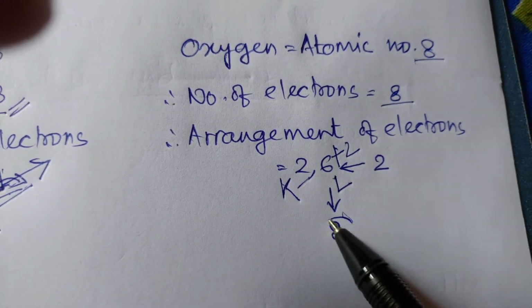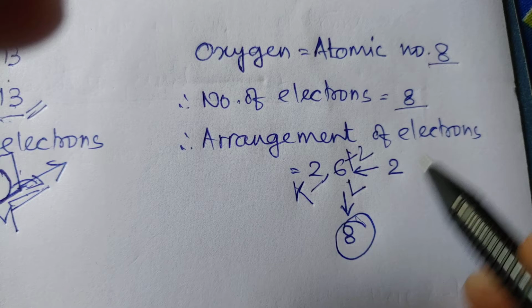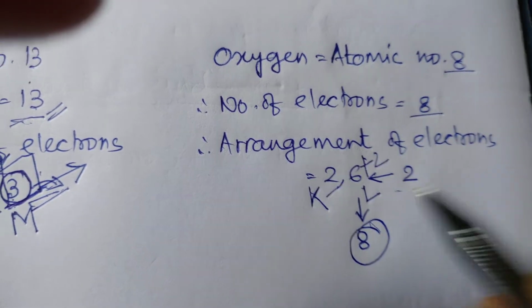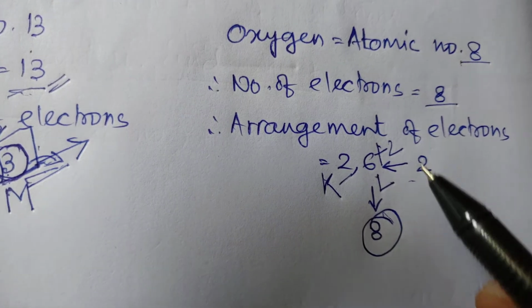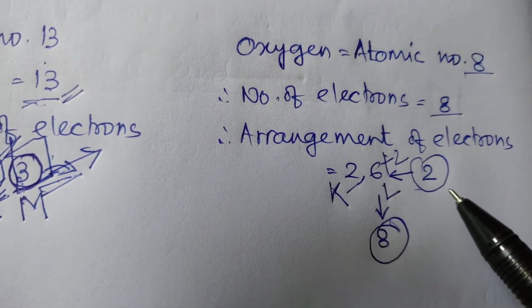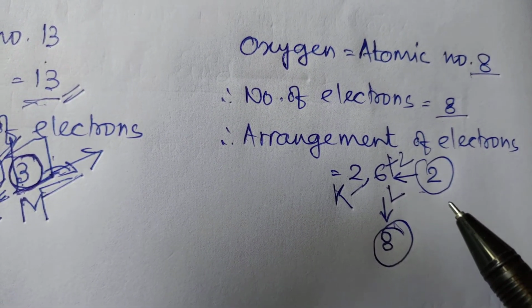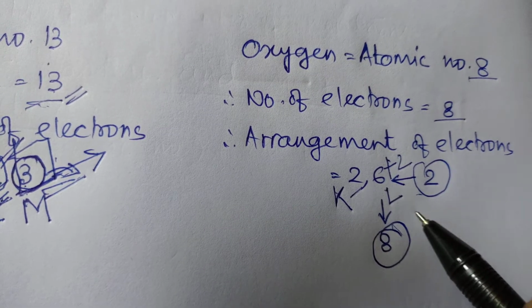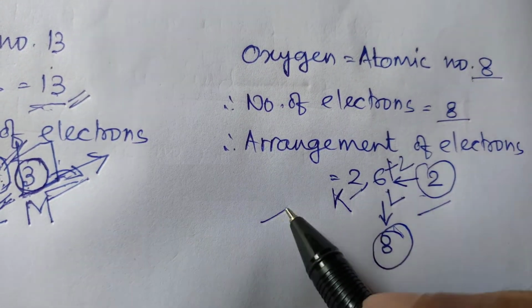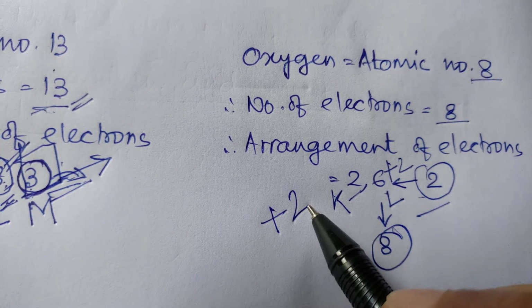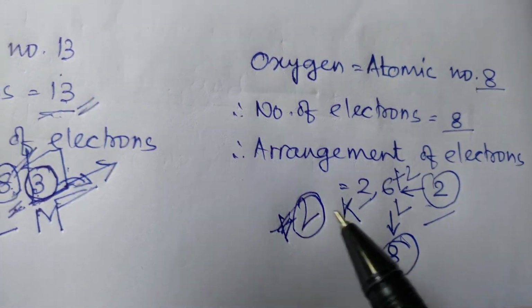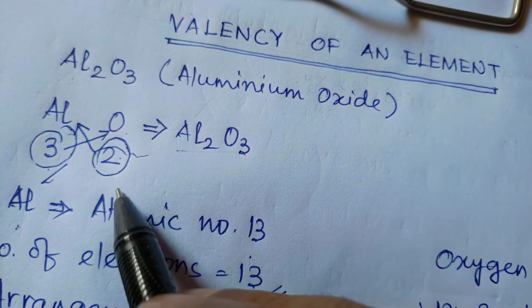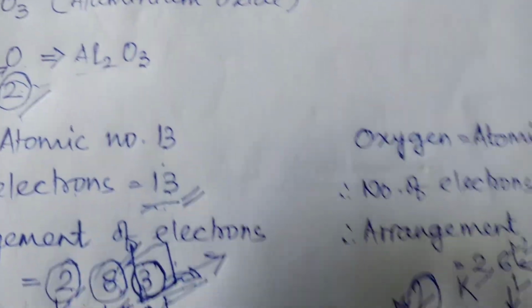Here you see it will become 8 if I bring 2 electrons into the outermost shell. So from this we can come to a conclusion that the valency of oxygen is 2. Here it is, the valency of oxygen is 2.